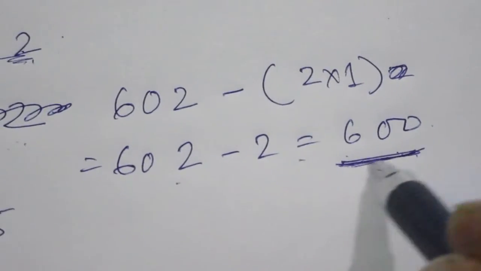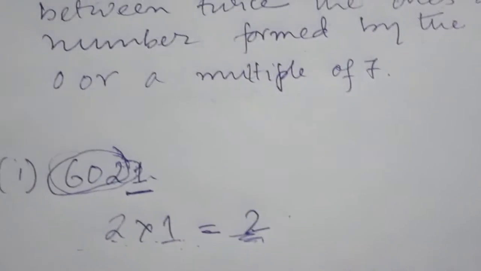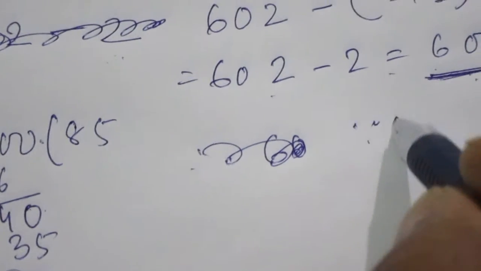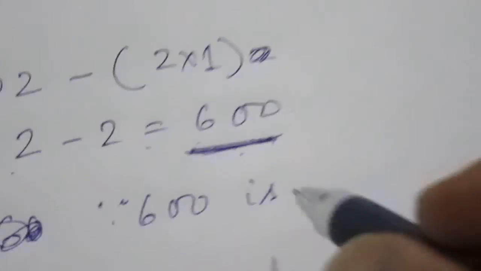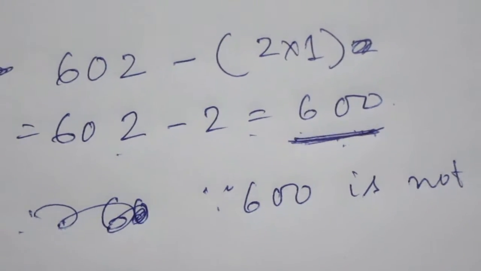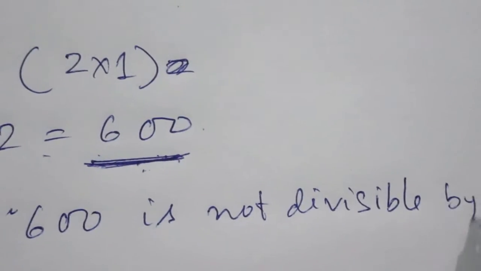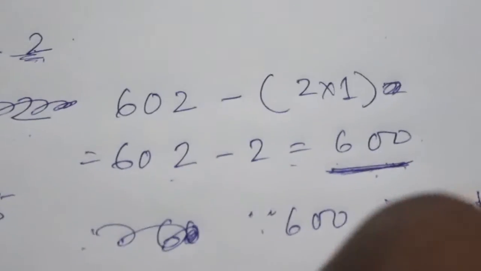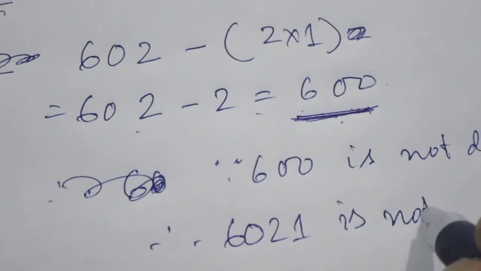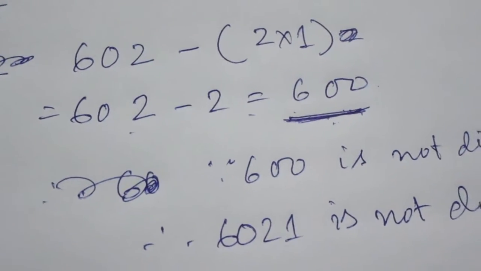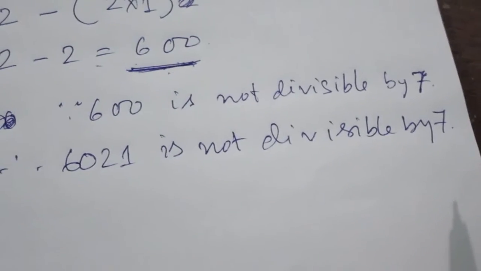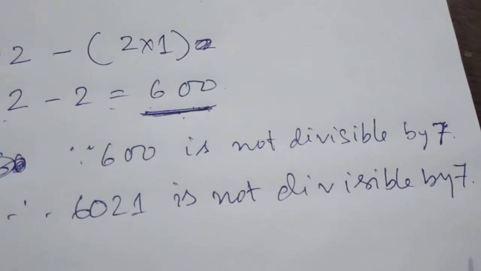So as 600 is not divisible by 7, therefore the number 6021 is not divisible by 7.